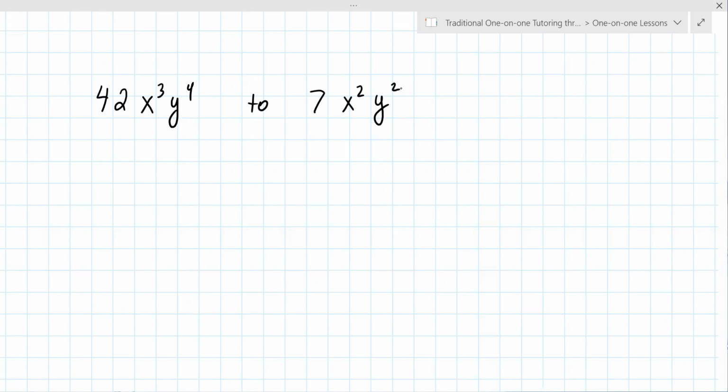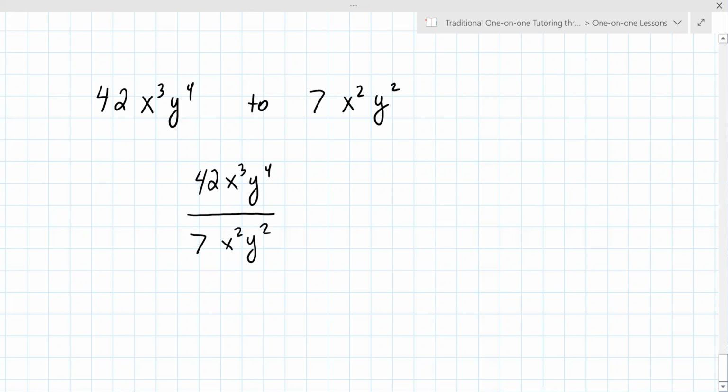Okay, so we're gonna do 42, and then... okay, sorry, you're gonna have to walk me through this again. Now I'm overwhelmed because you added all... Yeah. So, okay, 42x cubed y to the 4th divided by 7x squared y squared.